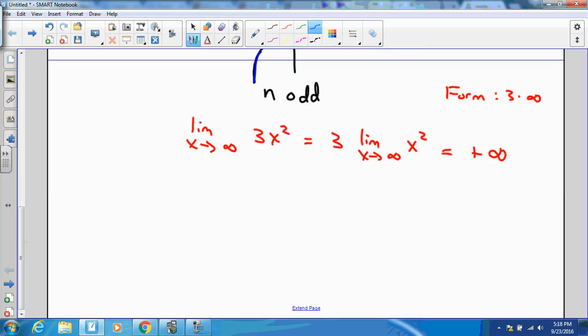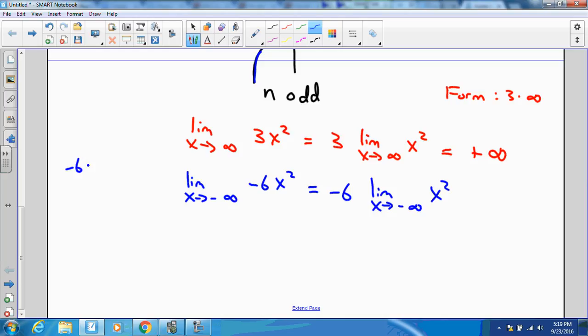On the other hand, if I take the limit as x goes to negative infinity, let's say negative 6x squared, then I can again use constant multiple to bring the negative 6 to the outside. And now because my power is an even power, the form of my limit is going to be negative 6 times infinity.